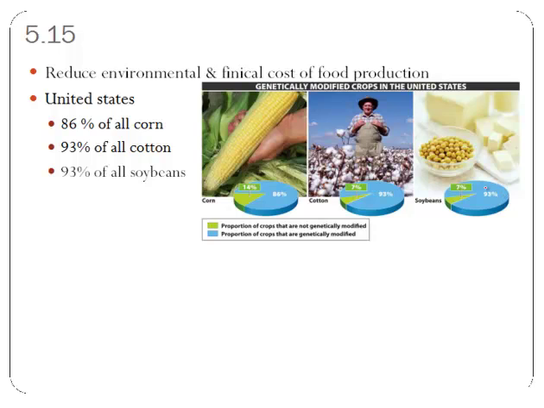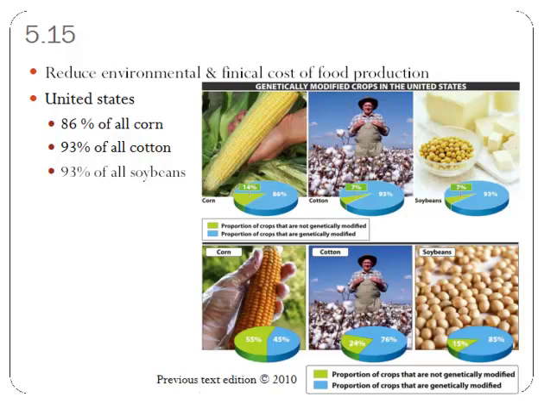And that's based on this year's textbook. However, just the previous edition of this same textbook, so the 2010 edition, we can see that this has shifted. So it went from 45% to 86%. Went from 76% of cotton to 93%, and 85% of soybeans to 93% as well.